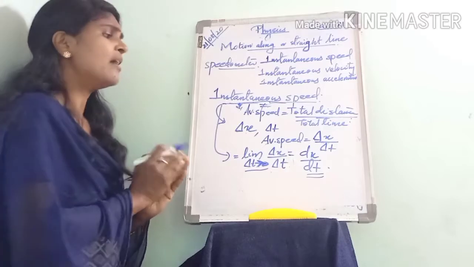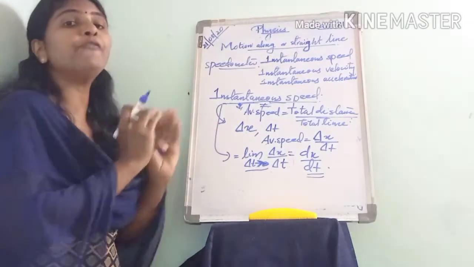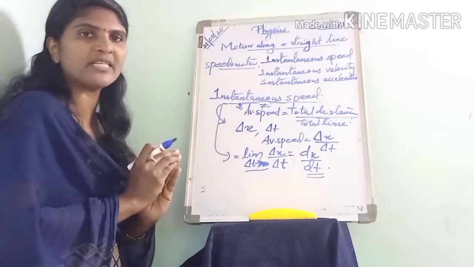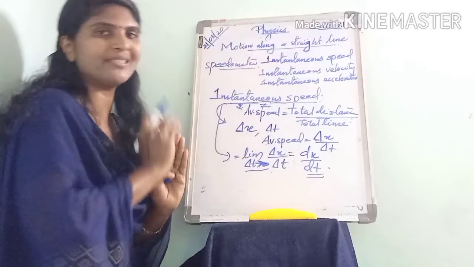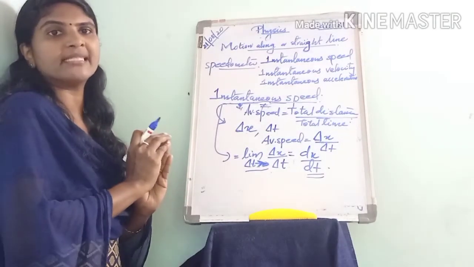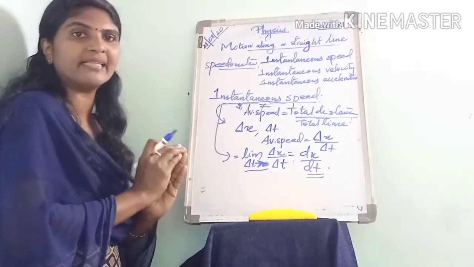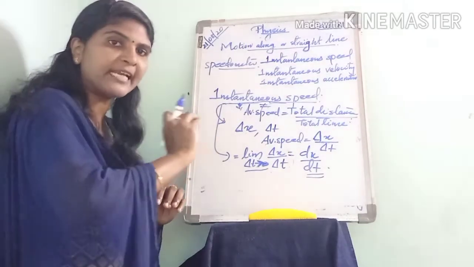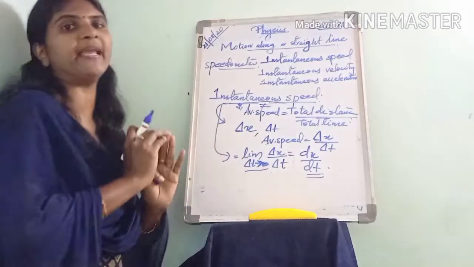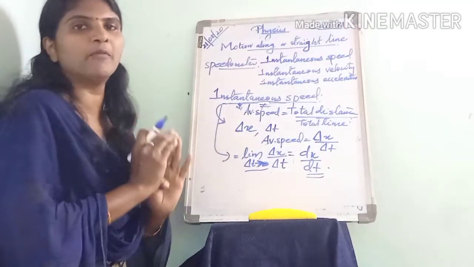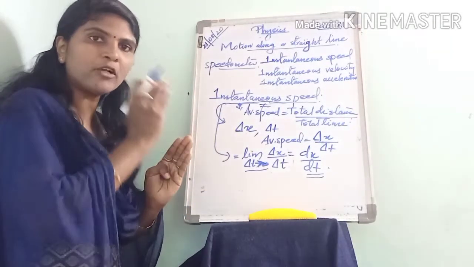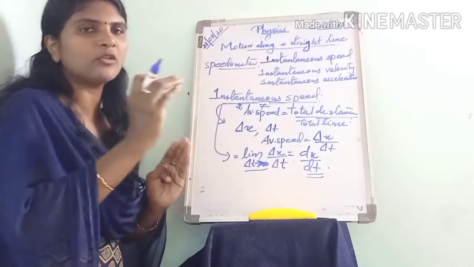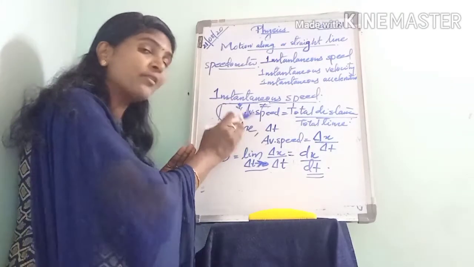But when we consider uniform motion, you know what uniform motion is? It is where the speed remains constant. That is, the object moves with a uniform speed. In the case of uniform motion, the object covers equal distances in equal intervals of time. So the speed remains constant.